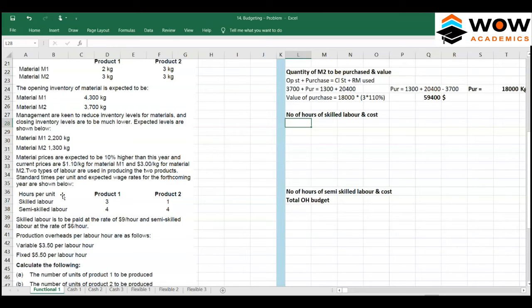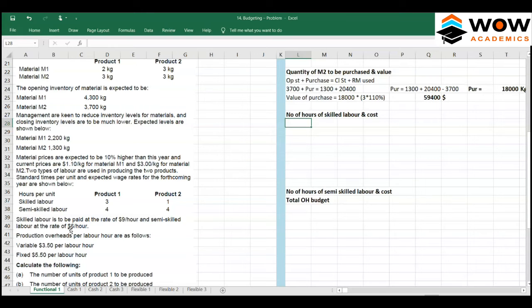So hours per unit for P1 and P2: skilled labor required are 3 hours for this and 1 hour for this. Semi-skilled labor are 4 and 4 hours required here. So these are required for the total number of units to be produced. Skilled labor is paid $9 per hour, and the semi-skilled is paid at $6 per hour.